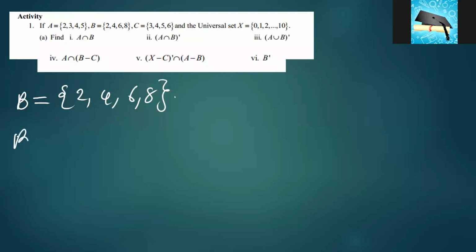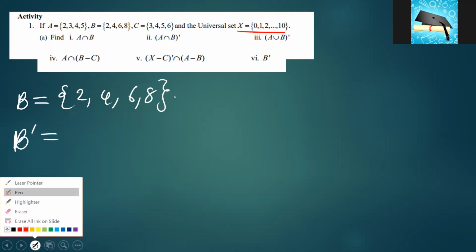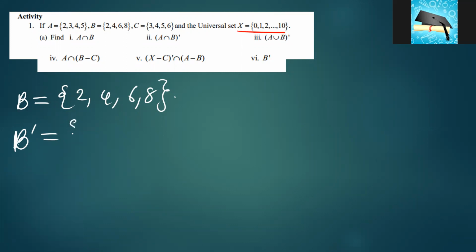Now to find B complement, we have to write everything that is in the universal set, and the universal set has been given to be X. So we write everything that is in X there, excluding what is in B. So starting from 0, we have 0 in X, we have 1 in X, we have 2 there.